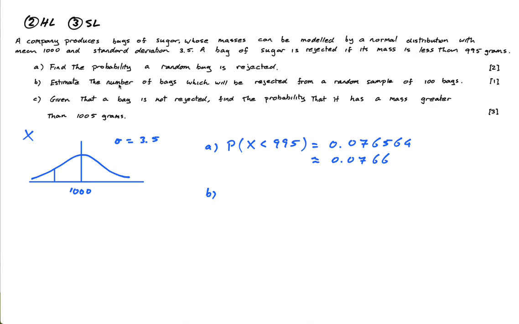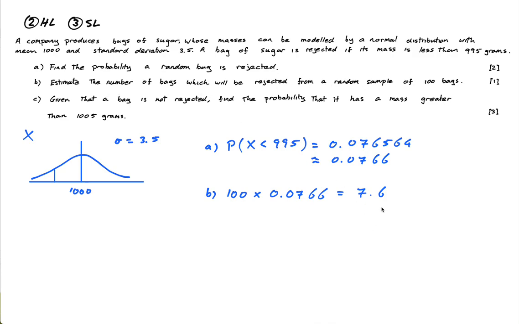Okay, B, estimate the number of bags which will be rejected from a random sample of 100 bags. Well, the probability that one is rejected is 0.0766, so we just need to do 100 times 0.0766, which is 7.6. Now be careful, guys. This is one of those questions where it says estimate the number of bags.